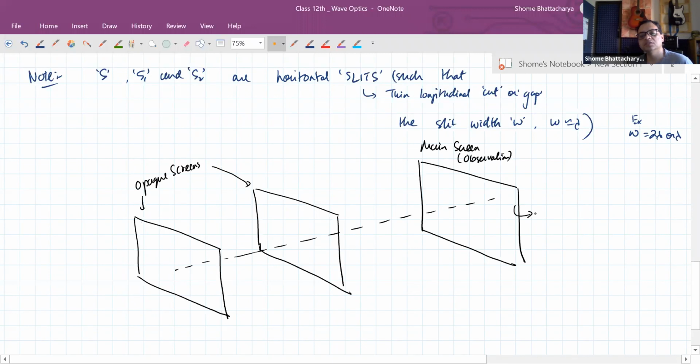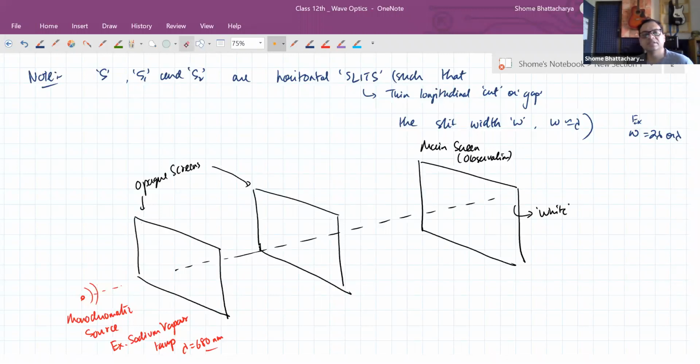So its front surface is white. It's a white screen. These are more or less blackened, but it doesn't really matter. They are opaque, so light cannot pass through them. And you have the monochromatic source on this side. So for example, it can be a sodium vapor lamp or bulb. Lambda is around 680 nanometers for that.